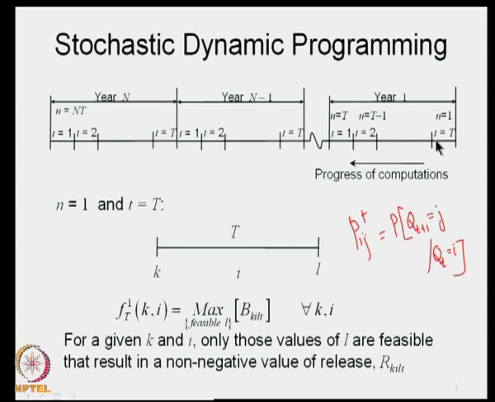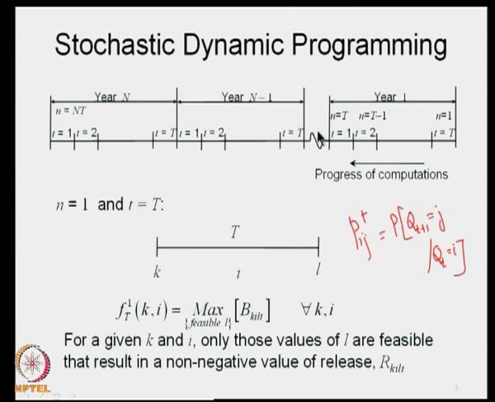The last time period in a year is indicated by capital T. So, we start with the first stage of the dynamic programming, n is equal to 1, n is equal to 2, n is equal to 3, etc. At the end of the first year, we will come to n is equal to capital T, which is the number of periods in the time period. Let us say you are talking about the monthly operation of the reservoir, in which case the capital T will be 12, and therefore, we start with n is equal to 1, n is equal to 2, n is equal to 3, etc. At the end of year number 1, we are at n is equal to 12.